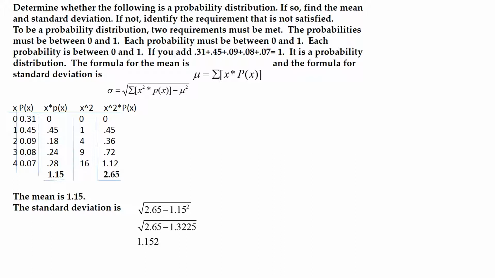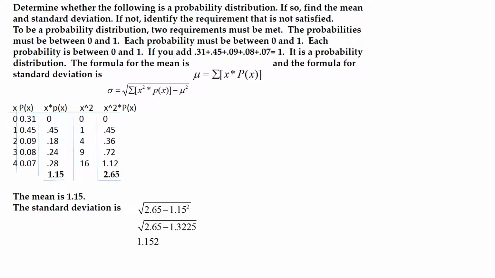To find the standard deviation, first square each x value. You get 0, 1, 4, 9, and 16. Next, you multiply each x squared value to the corresponding p of x.